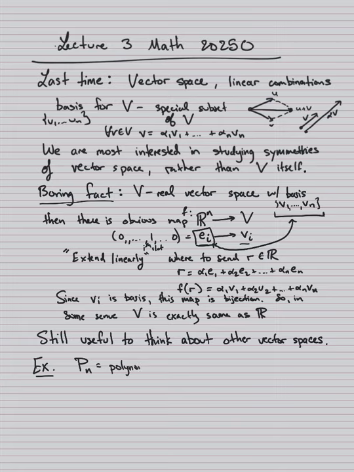The vector space of polynomials with real coefficients and degree less than or equal to n.